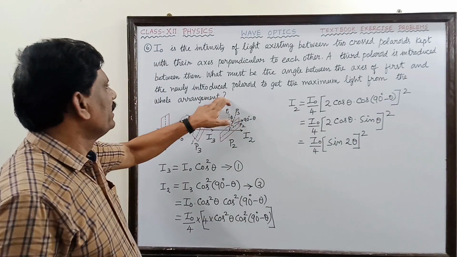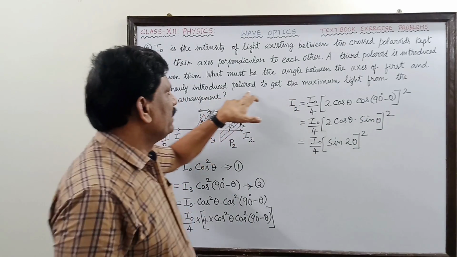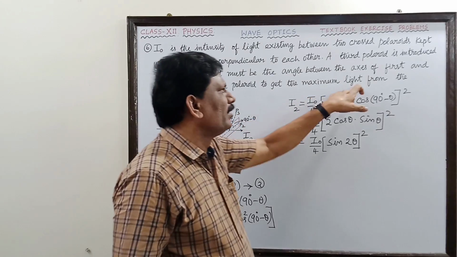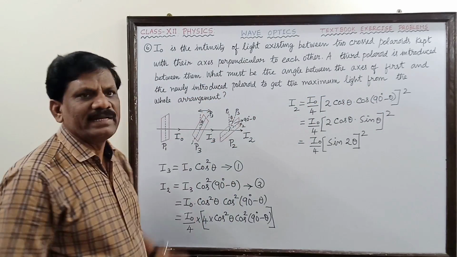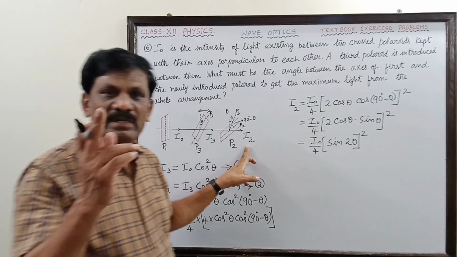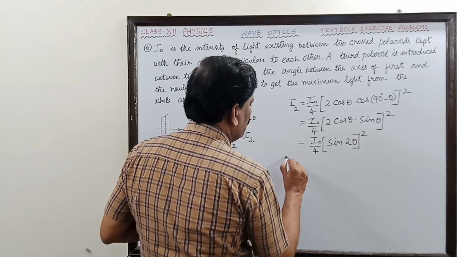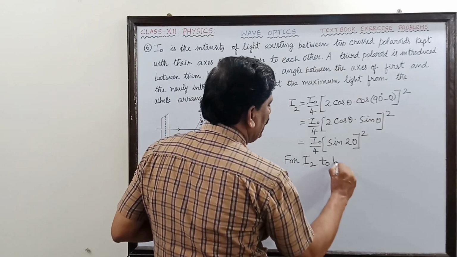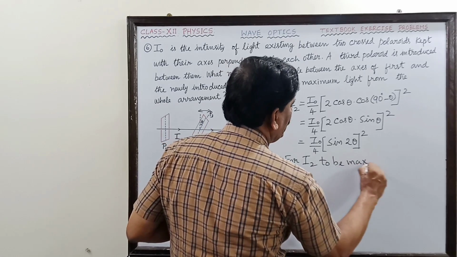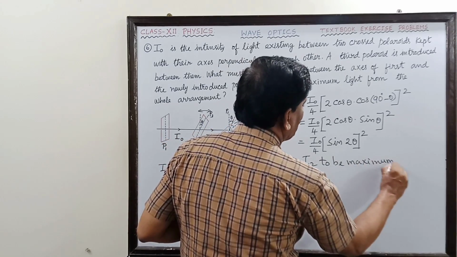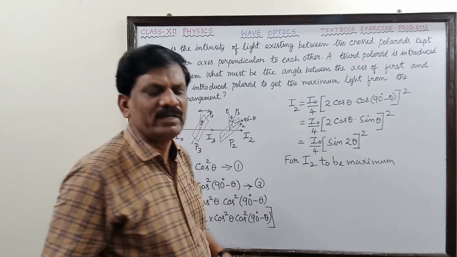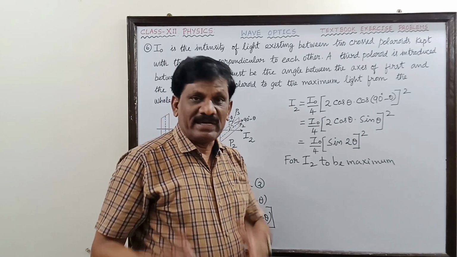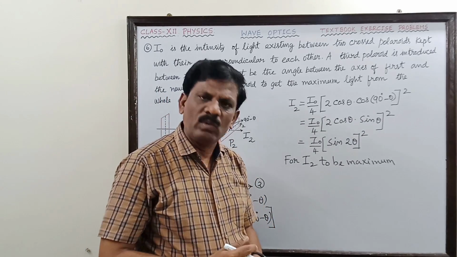Now what is given here? We have to get the maximum light from the whole arrangement. That means I2 must be maximum. For I2 to be maximum, sine 2 theta must be equal to 1, as the maximum value of sine is 1.